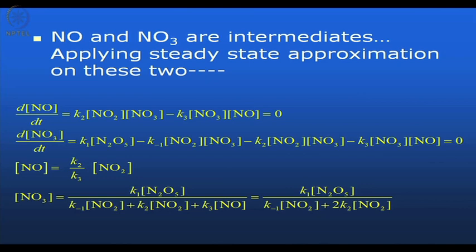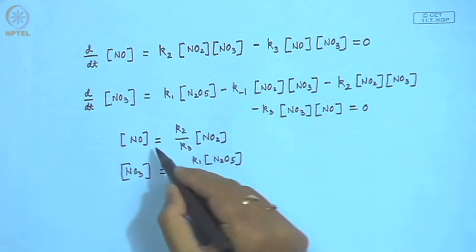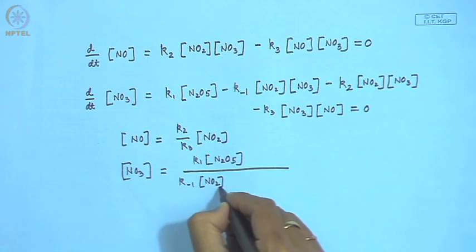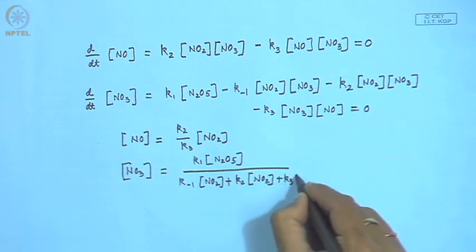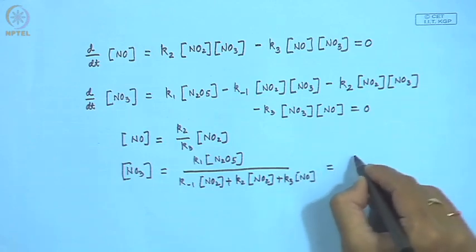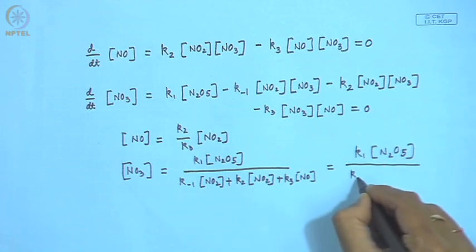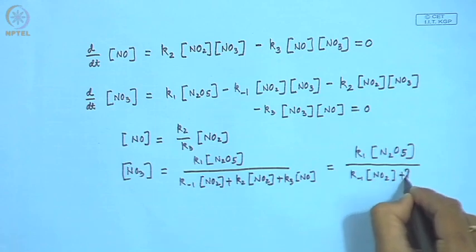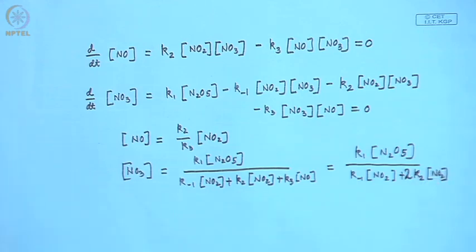And the concentration of NO3 is equal to K1 N2O5 divided by K minus 1 NO2 plus K2 NO2 plus K3 NO, and that gives you K1 N2O5 divided by K minus 1 NO2 plus 2 K2 NO2. So, from these two simultaneous equations, you find out the concentrations of NO and NO3.